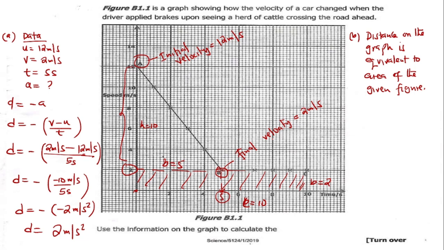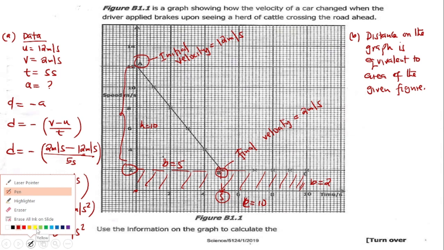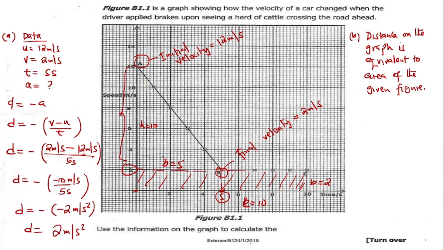So we have a rectangle and also a triangle. Which one is the triangle, by the way? Let me use a different color to shade the triangle. That's the triangle which is in yellow. The base is 5 and the height is 10. For the rectangle, which is in red, the base is 2 and the length is 10.